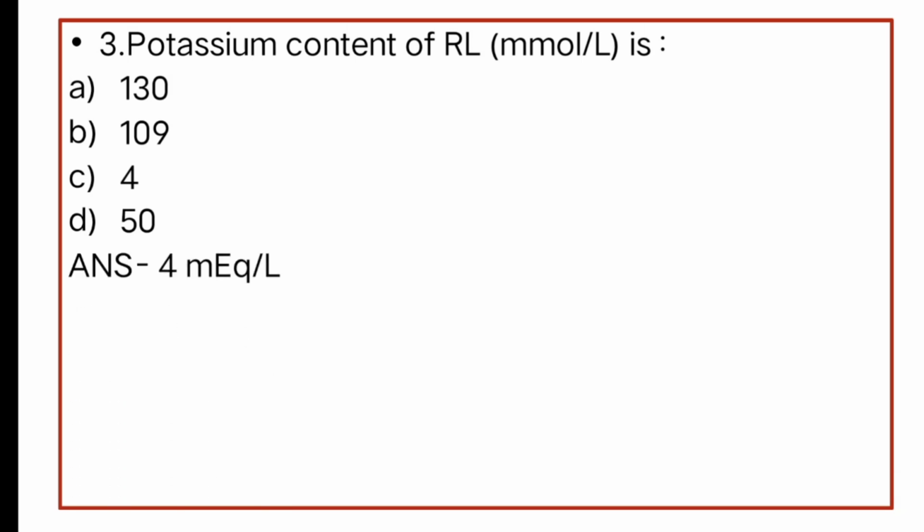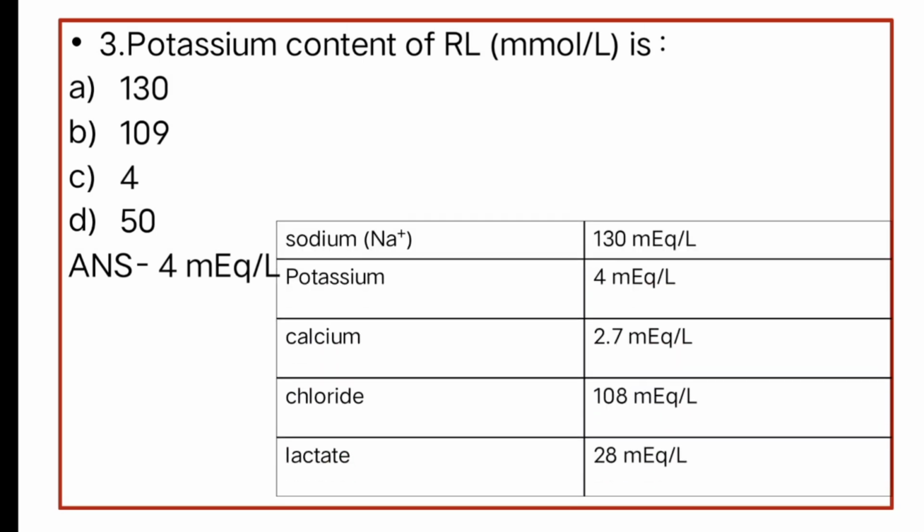For answering this question, we must know how much potassium and other components are present in the RL. Sodium is 130 milliequivalent per liter, potassium 4 milliequivalent per liter, calcium 2.7, chloride 108 milliequivalent per liter, and lactate 28 milliequivalent per liter.